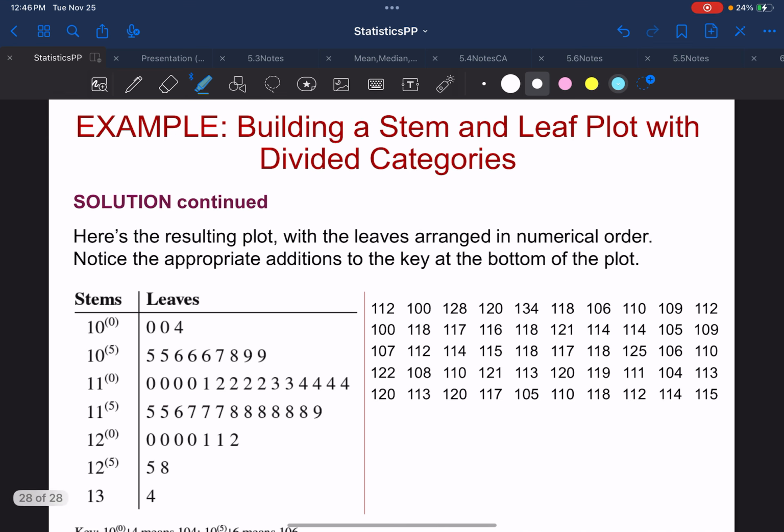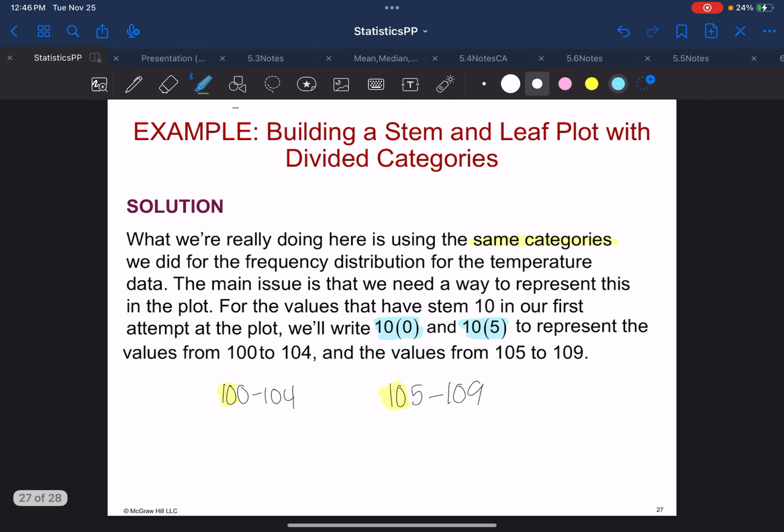It's actually written a little bit smaller here on the next page, kind of like an exponent. So that notation means that if it's the first one here, the 10 and then the 0, this represents the starting leaf, which is 0 here. So that will be from 100 to 104.